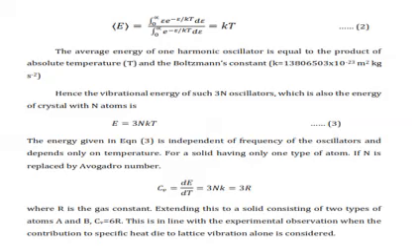When you differentiate this, you get 3nk, but nk is nothing but R, the universal gas constant. Therefore, Cv is equal to 3R. We already studied in Dulong and Petit's law that most solids give the value 3R. So this is the classical approach.